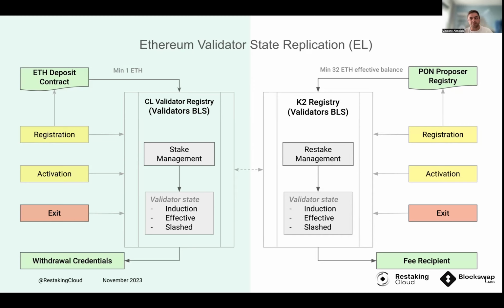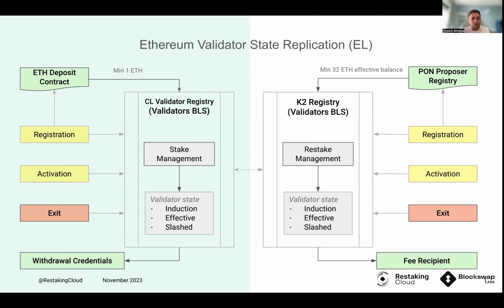They all have BLS credentials because the consensus layer is operating on BLS cryptography. That specific curve is the 12381 curve. The reason I mention that is because natively in the Ethereum execution layer, there is no support for curve verification, so normally this is really challenging.